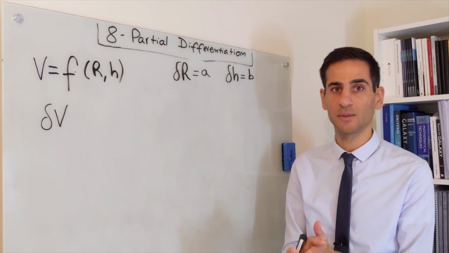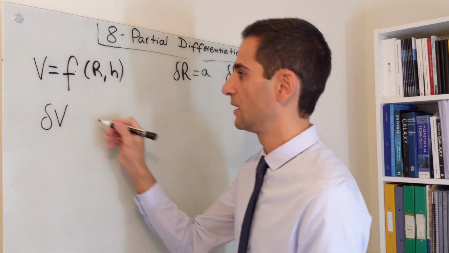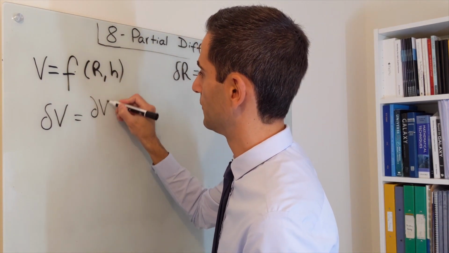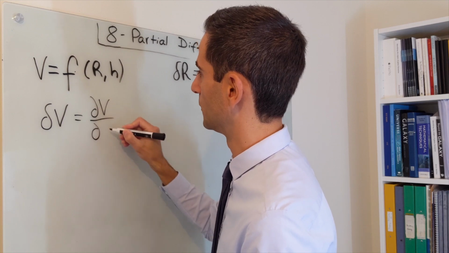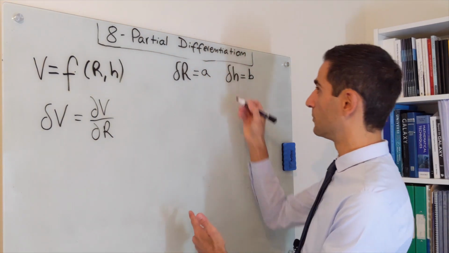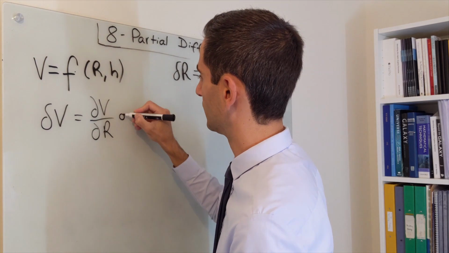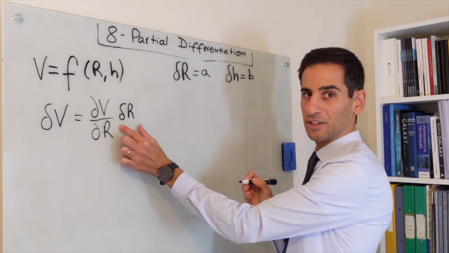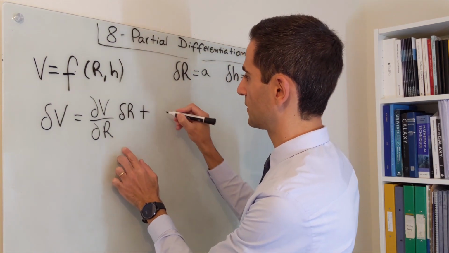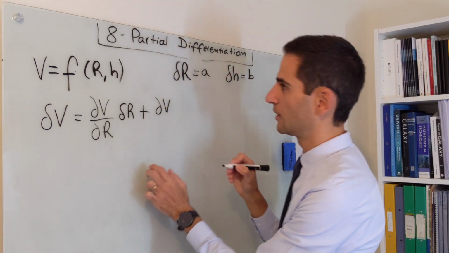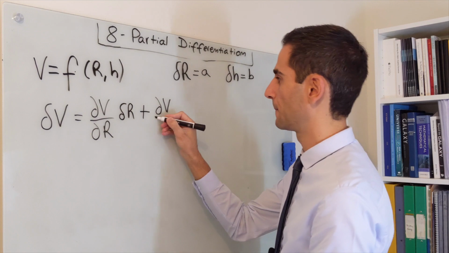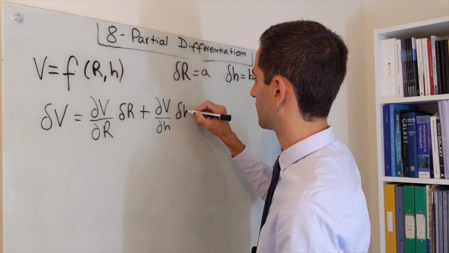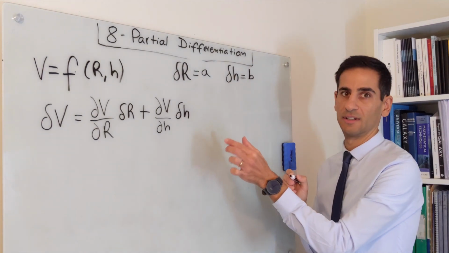For this, you use total differentiation. You calculate the partial derivative of V with respect to r, and you multiply by the change in r, plus the partial derivative of the volume with respect to height times the corresponding variation in height.